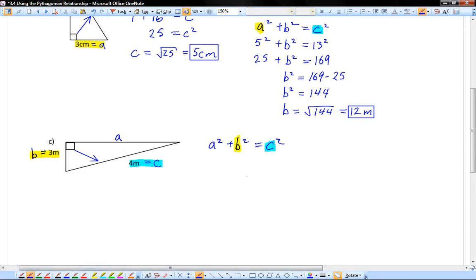And so when I do that, this is what the equation will look like. In place of b, I put 3. In place of c, I put 4. And so 3 squared is equal to 9. 4 squared is equal to 16.